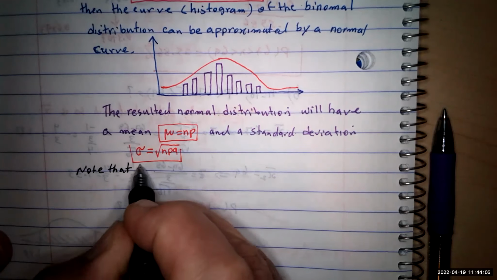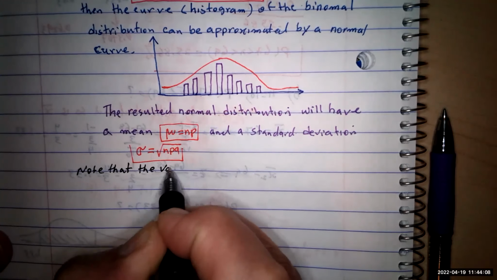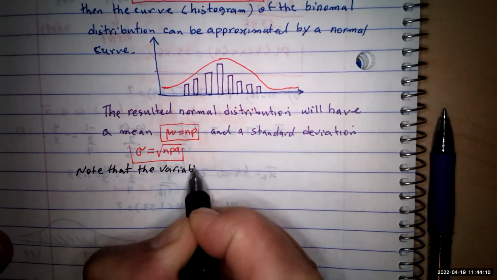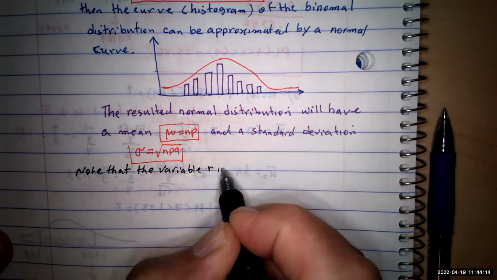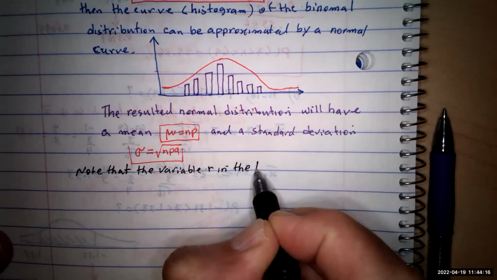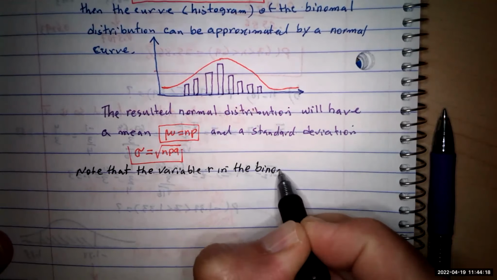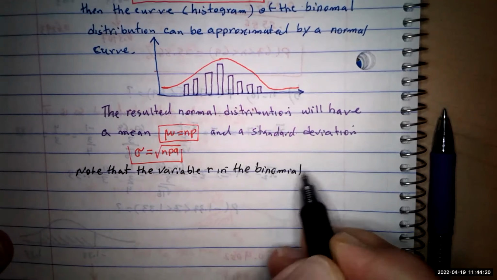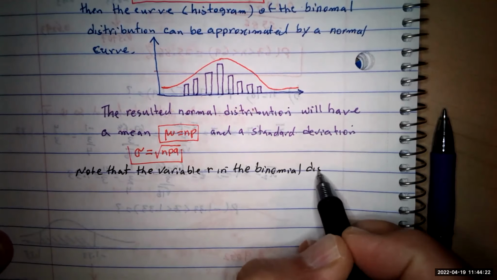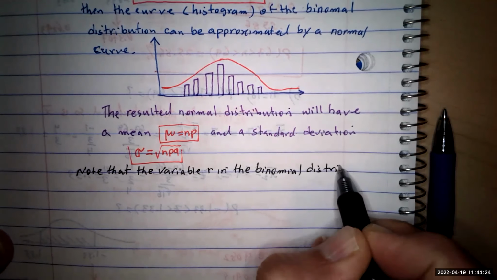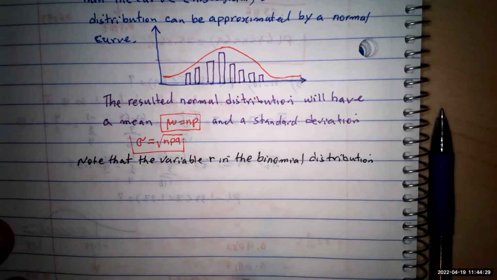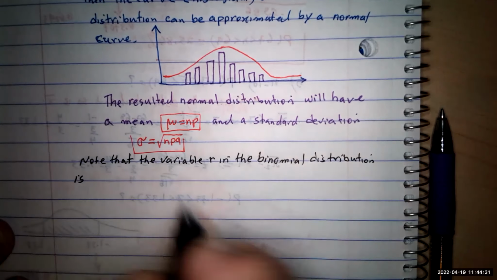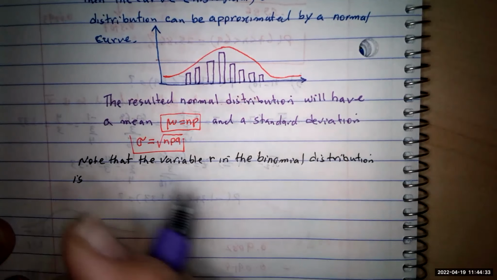Note that the variable R in the binomial distribution is discrete. You know that. It's dot, dot, dot.